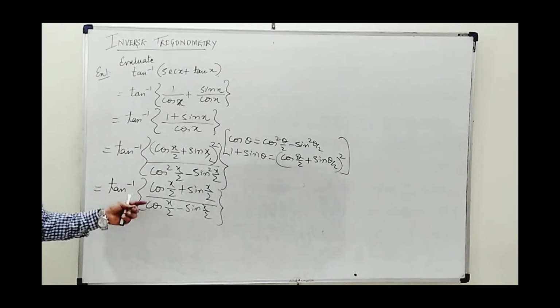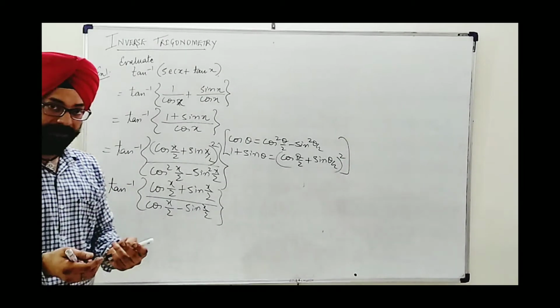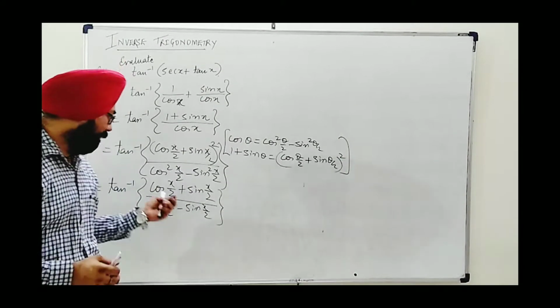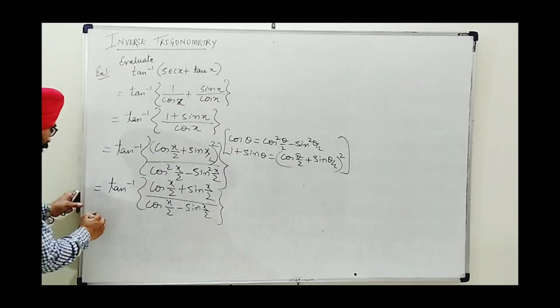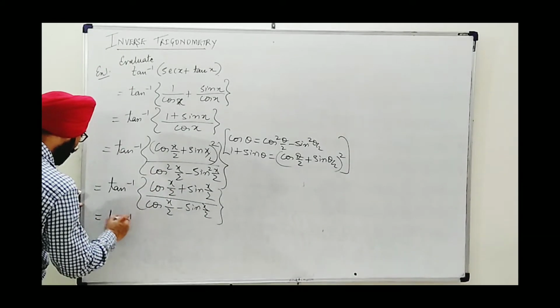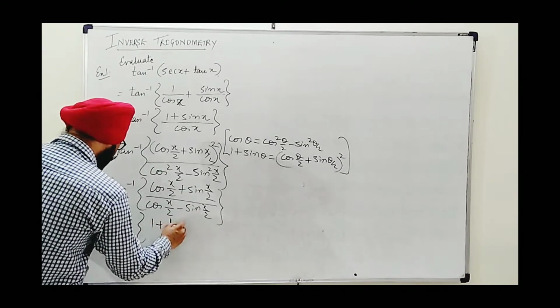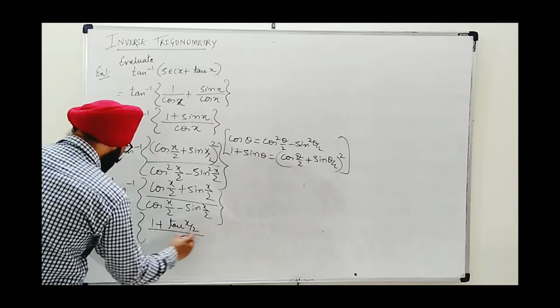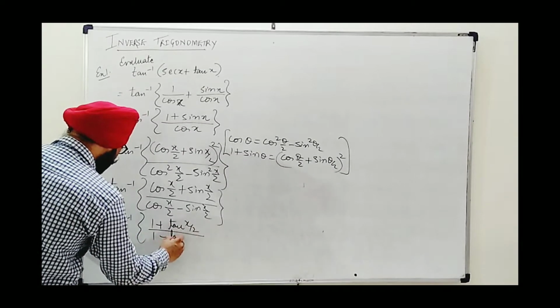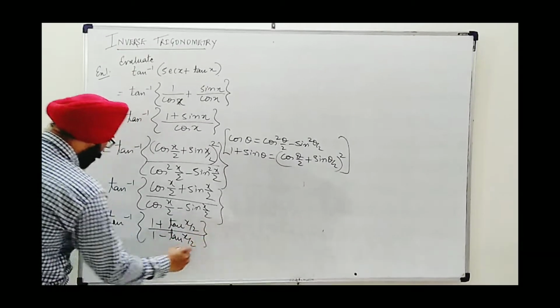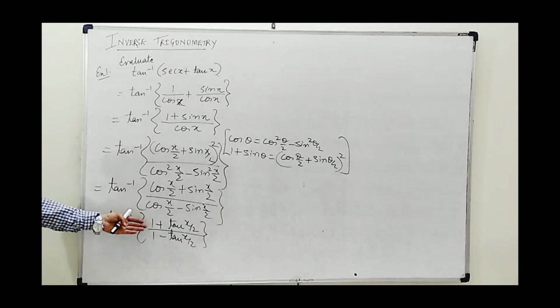Now as I said, whenever you are having the addition or subtraction term of cos and sine, then divide numerator and denominator by cos. So we find here tan inverse, dividing by cos, 1 plus tan x by 2 upon 1 minus tan x by 2. So finally this is the identity.